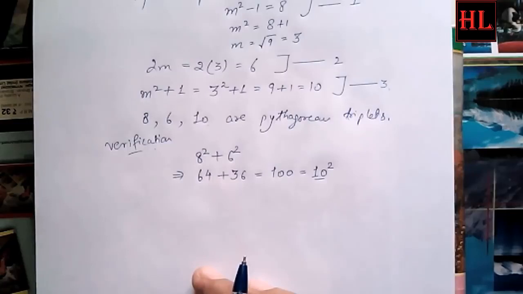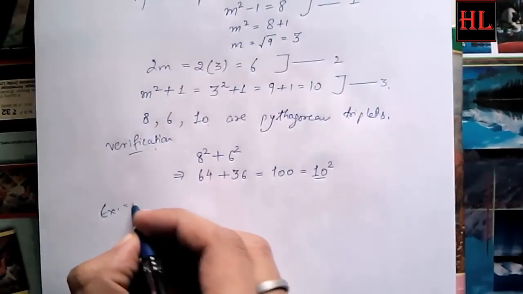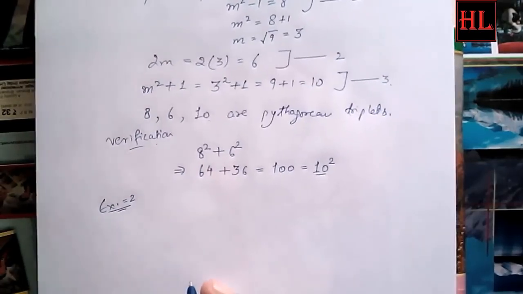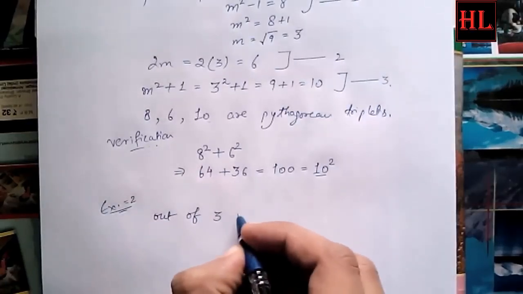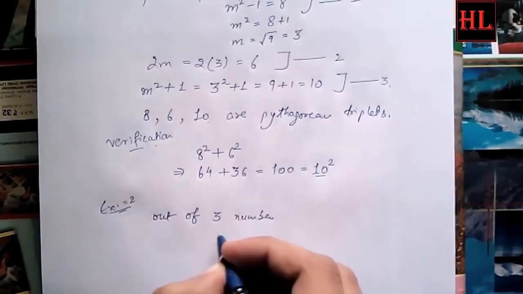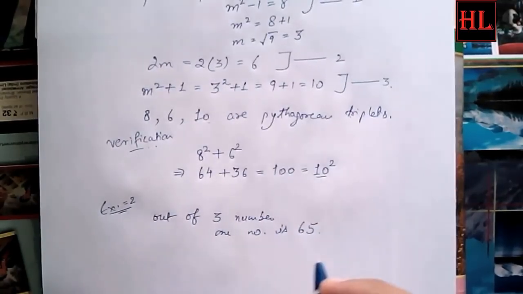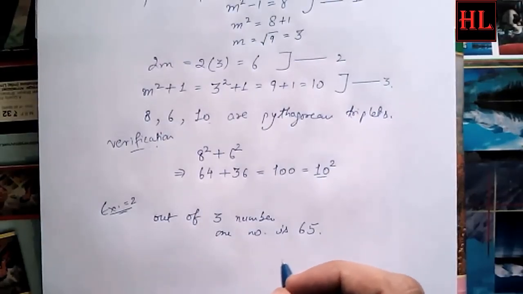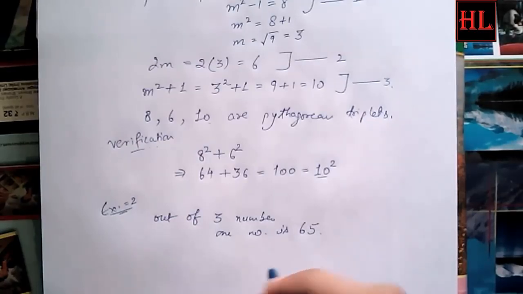Now we'll try one more example. Let's say out of those three numbers one number is 65. Again we'll compare 65 with the above three forms 2m, m square minus 1 and m square plus 1 and see if we could get an integral value for m.